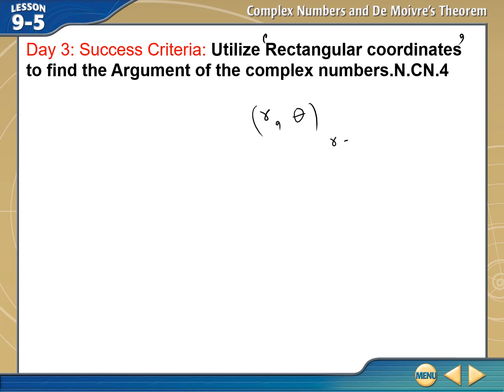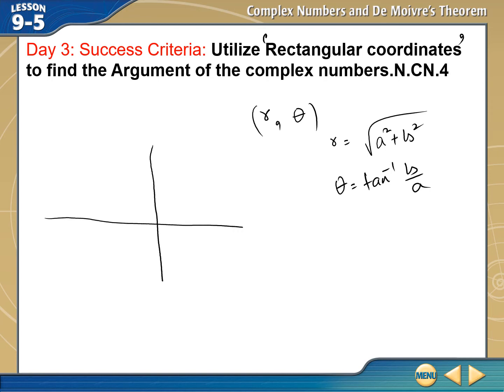The formula of the r is square root of a square plus b square, and the formula of theta is tangent inverse b over a. Okay, now another very important thing to understand is what the reference angles are and how we can write the reference angles in the coordinate planes.